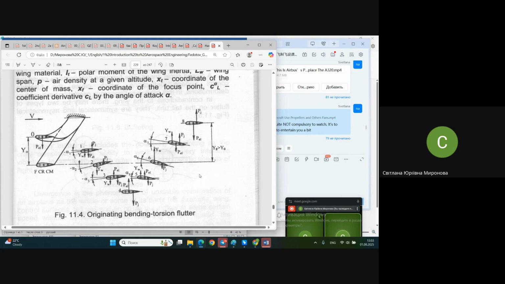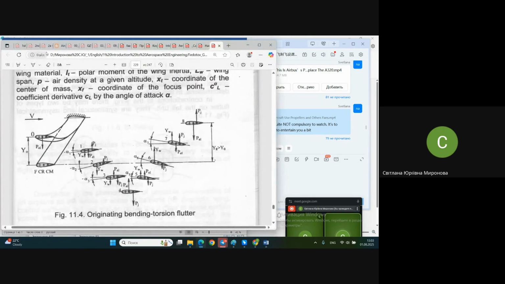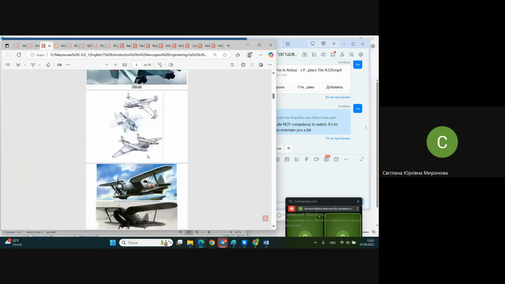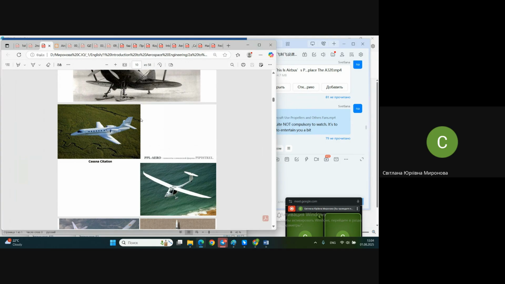And for different airplanes, of course, with minimum mass, stiffness will be different. Some airplanes, like those which we have seen today in our slides, in those photos, it's greatly visible. Which one will be subjected to flutter?